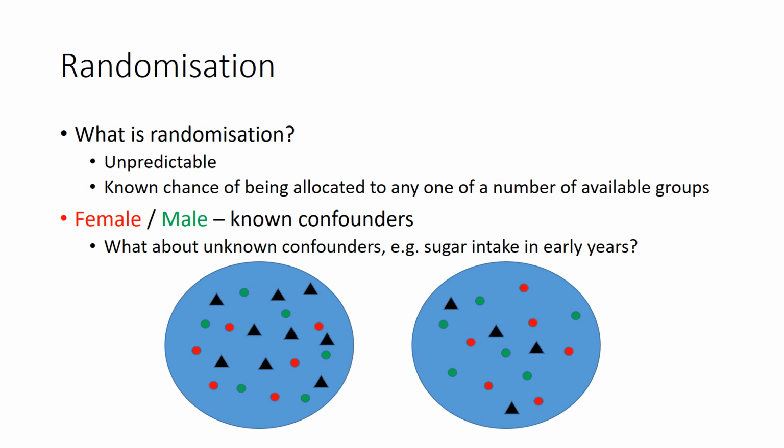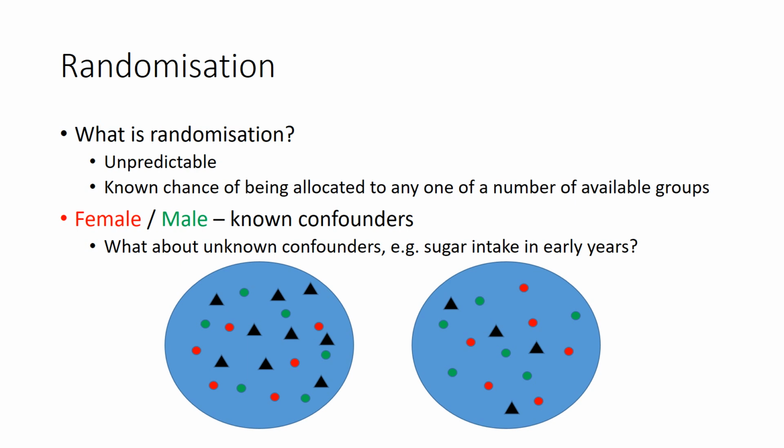And I mentioned this in the previous slide, but this is important. Randomization is important because we're trying to create two groups that are as similar as possible in as many factors as possible. So we've got some factors that we know about. So gender, for example.